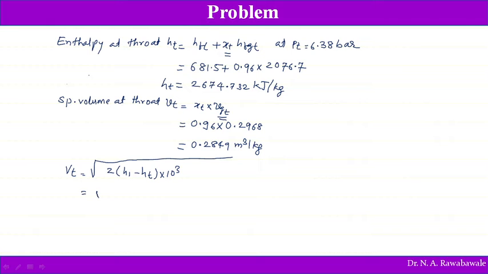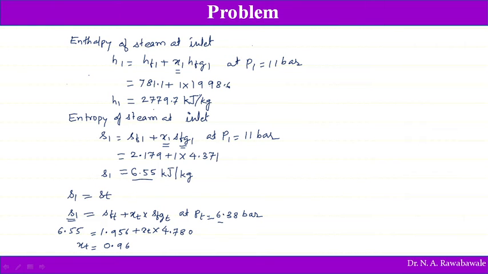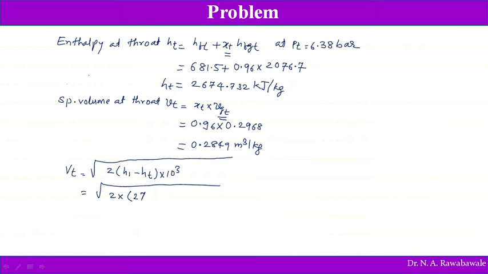So square root of 2 into enthalpy at inlet, which we have calculated as 2779.7, minus enthalpy at throat, calculated as 2674.7, into 10 to the power of 3.